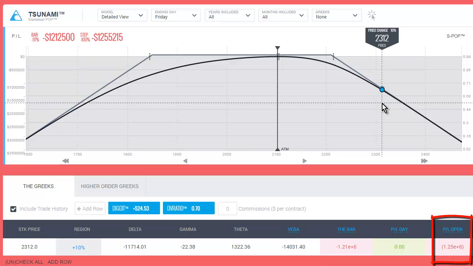But we would have to multiply this position by 100 to see the true position that Karen the Supertrader would have had. So in other words, this particular risk at this point would be 125 million.